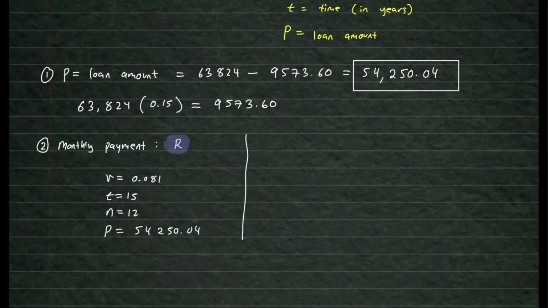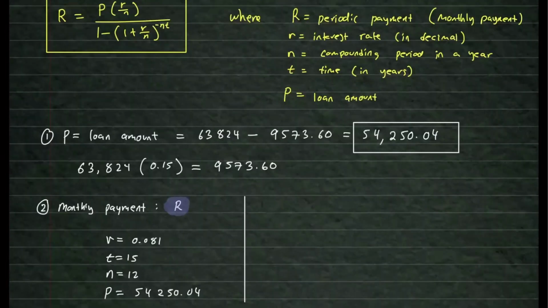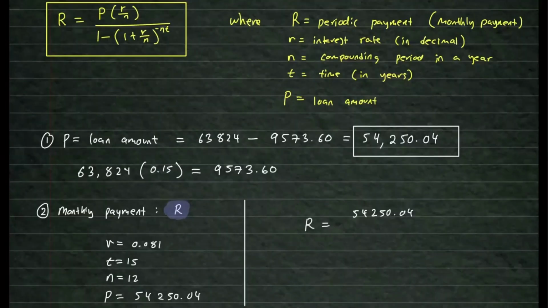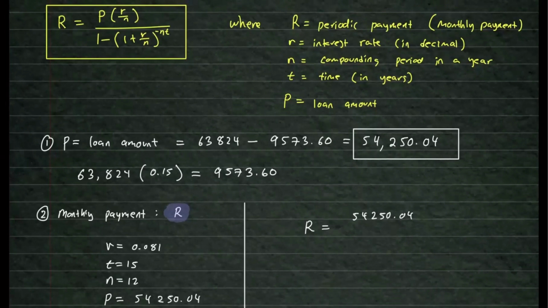All right, so with all of this known, our monthly payment, using the present value of annuity formula solved for R, is going to be 54,250.04 times r over n. What I would suggest is to do this calculation separately, so you have that number on the side.